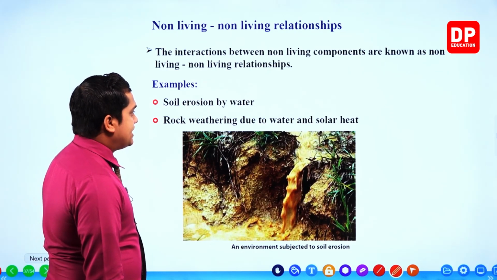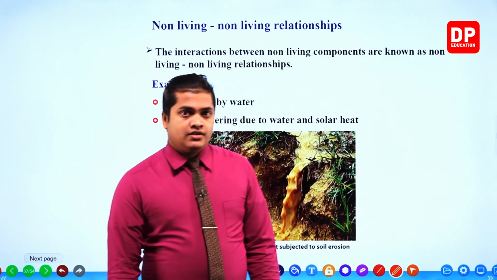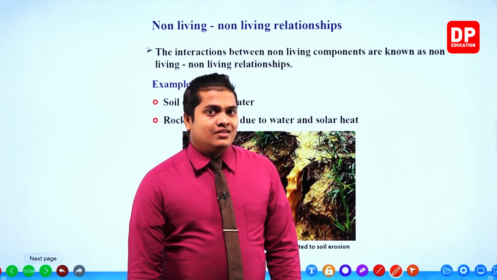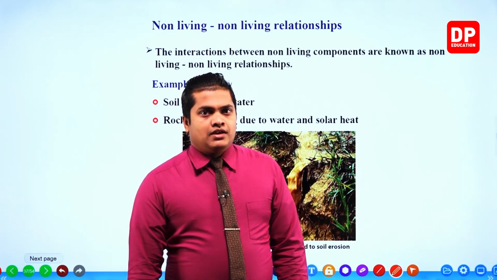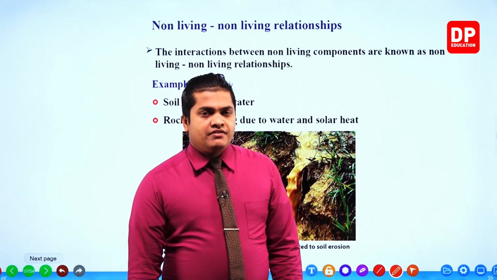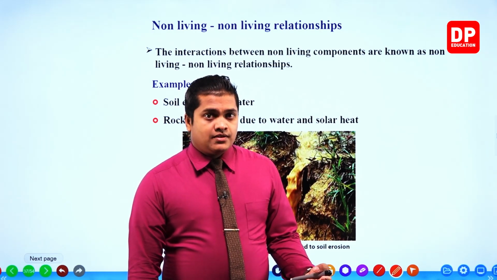Then rock weathering due to water and solar heat. Rock weathering, right? I think you could remember in grade 7 we discussed the rock cycle. Under that we discussed rock weathering methods.